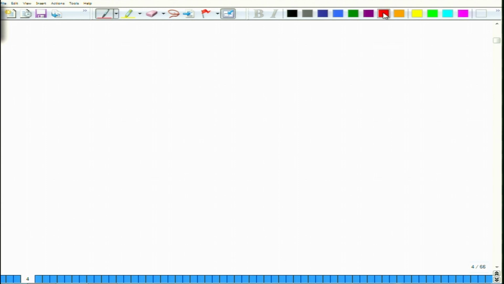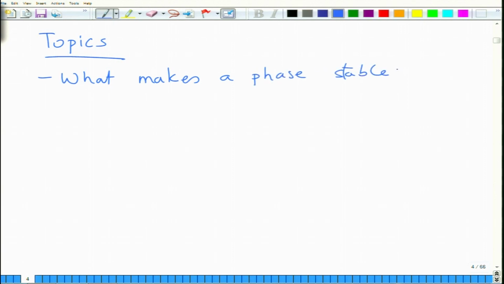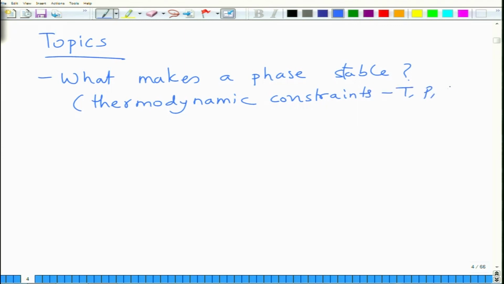In today's lecture, we will talk about what makes a phase stable. The questions that we will answer: what makes a phase stable, given that the thermodynamic constraints are typically temperature, pressure and Ci, where Ci is the composition of the ith species, and how do various phases coexist.